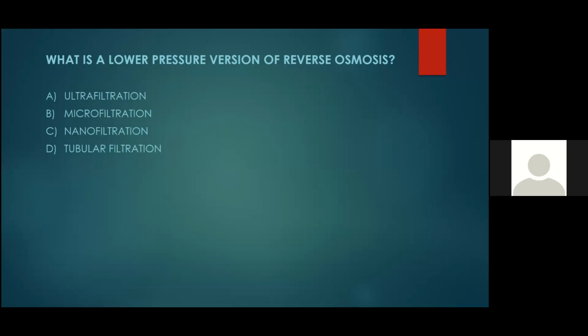Membranes are always ordered by pore size, which means that as we move from the biggest pore size to the smallest, fewer things can get through, right? The one with the smallest pore size, and the one that removes everything, is reverse osmosis.